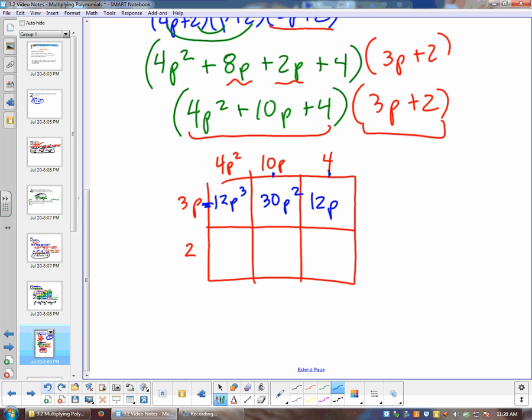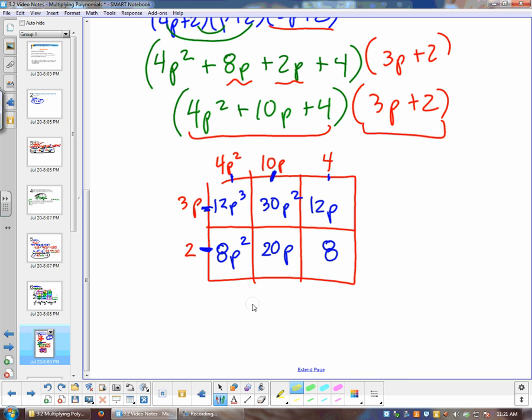And then when I move down here, the 2 times the 4p squared is going to be 8p squared. The 2 here times the 10p is going to be 20p, and then the 2 times the 4 gives us 8. Again, we can look at the like terms here. We've got 8p squared and the 30p squared, so those can be combined. And we have the 20p and the 12p, so those can be combined.